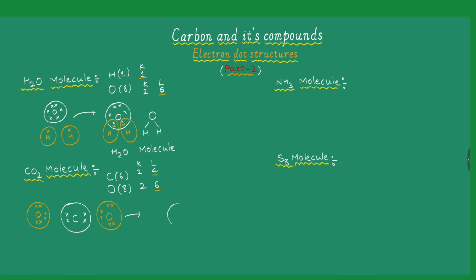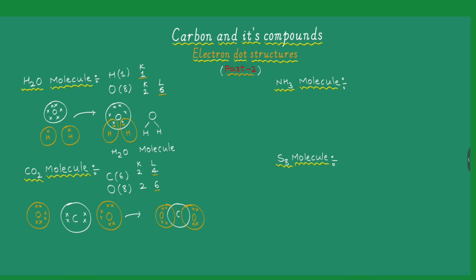Carbon will be in between, and on this side one oxygen atom, and on this side one oxygen atom. Like this, here four more electrons will be there, here also four more electrons will be there.